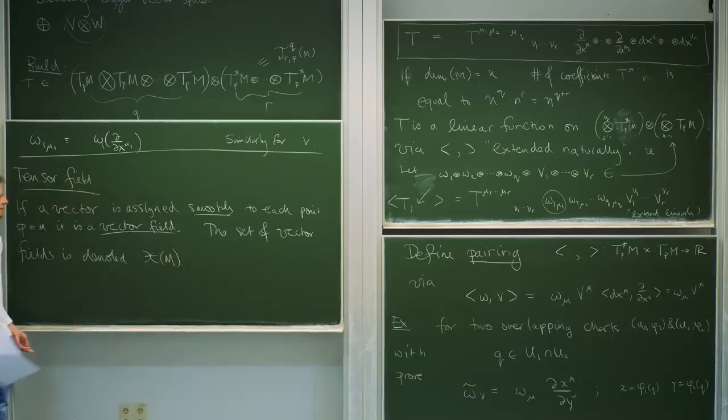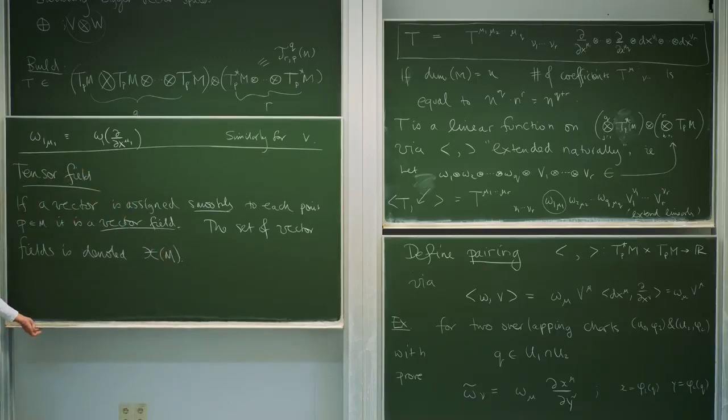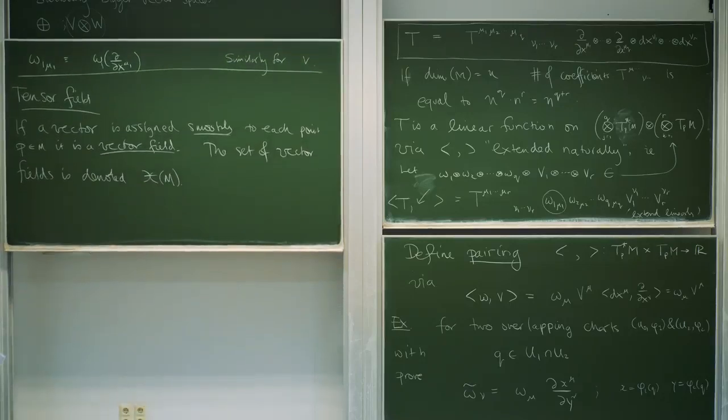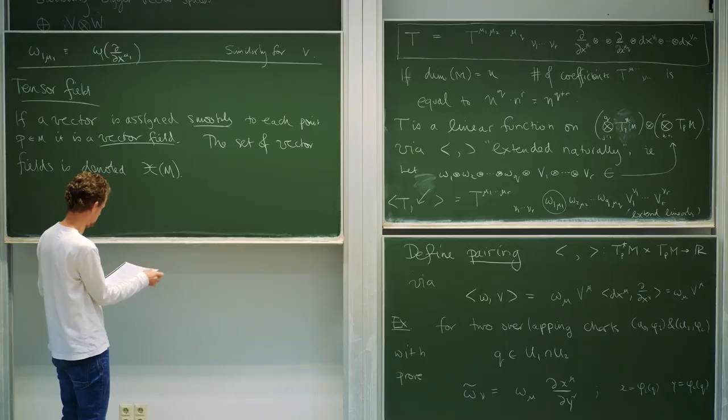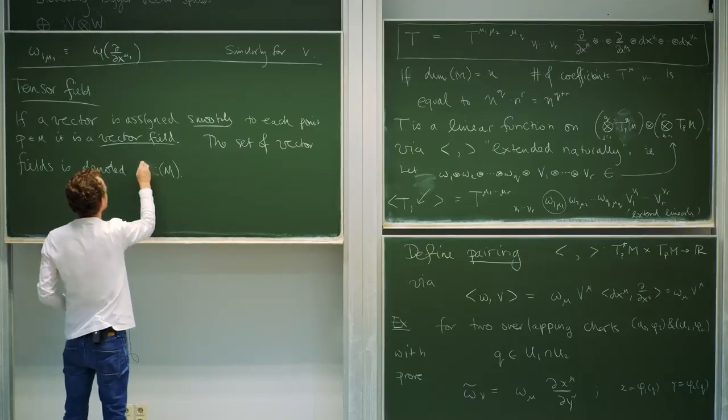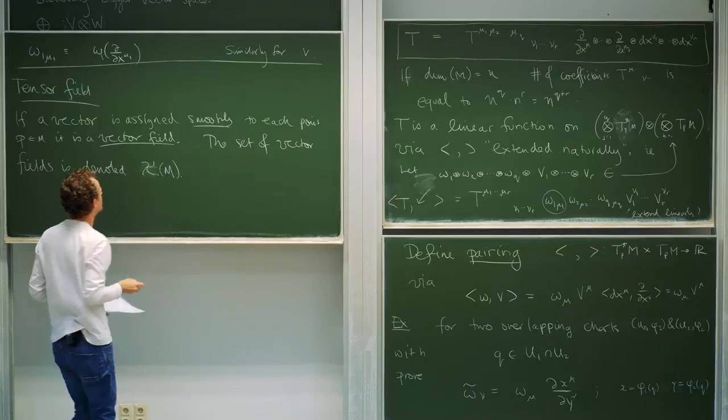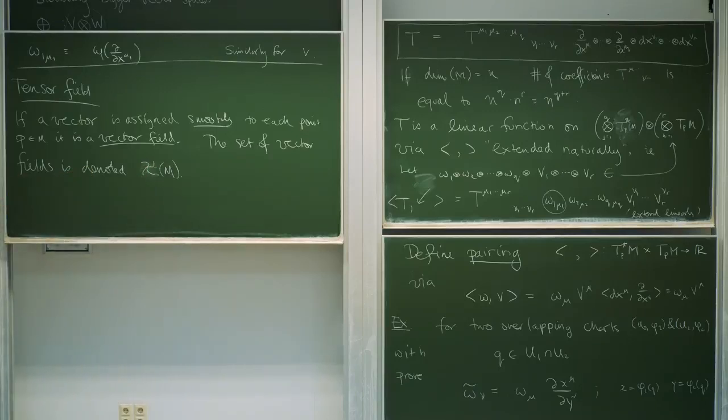We're going to denote the set of vector fields on a manifold M with this x, calligraphic x.